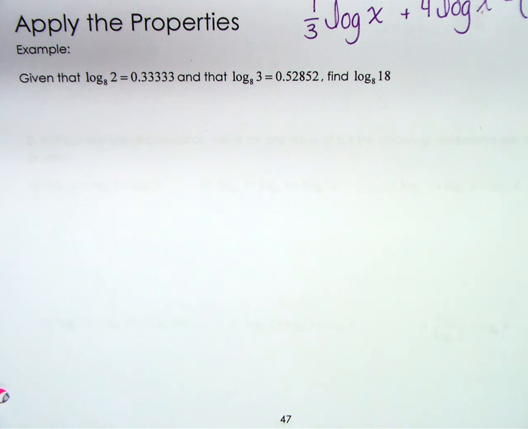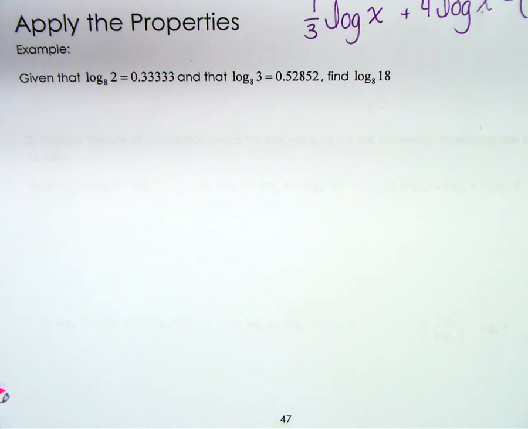So log base 8 of 2 has a value of 1/3, like 0.3 repeating. And log base 8 of the argument 3 has a value of 0.52852. So we've been given those. And we're going to find log of 18.